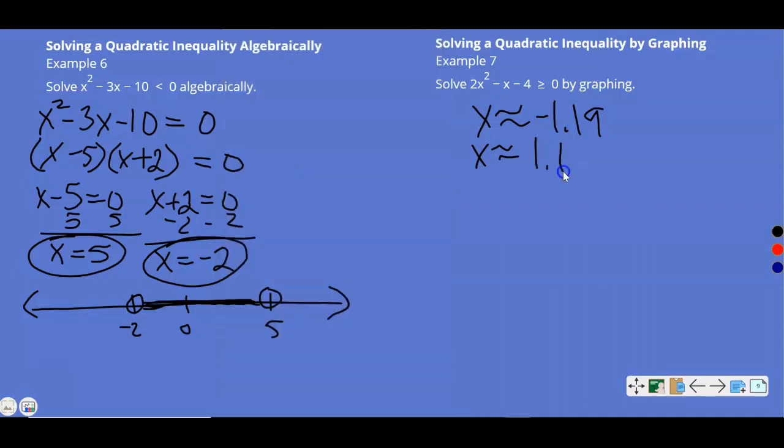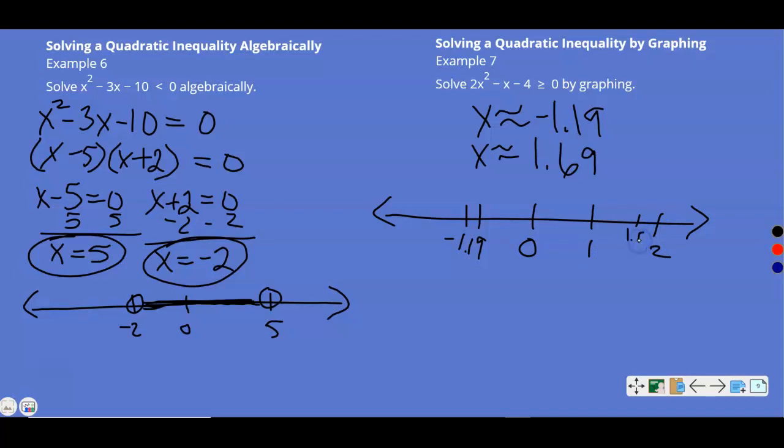So again, we can draw our number line and we can say negative 1.19 would be just past negative 1. And we can say here's 1, here's 2. So 1.69 is going to be somewhere in here.